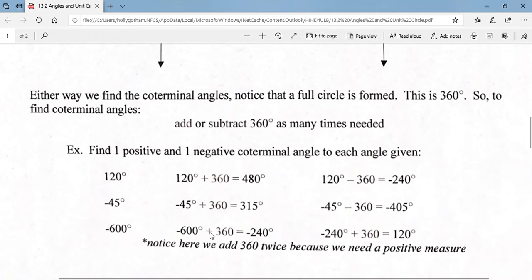When you add 360, you're only at negative 240, which means to find a positive angle, you've got to take negative 240 and add 360 to get 120. So we added the 360 twice on this one to get that positive measure, but in adding it, we still got a negative and a positive, which is what we were asked to find. So again, multiple answers are valid here. These are just some examples.